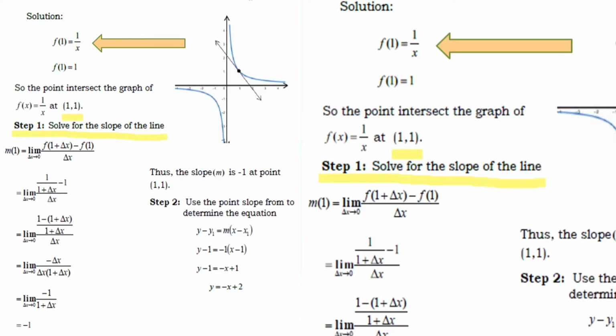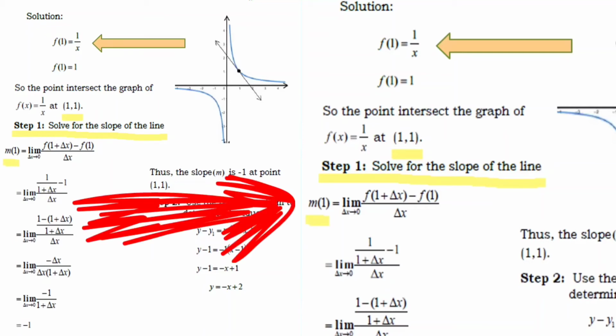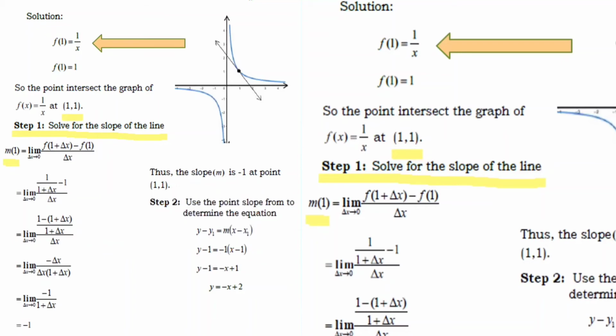Solve for the slope of the line. The formula of our slope, substituting the value of x, becomes m of 1, equal to the limit of f of 1 plus change of x minus f of 1, over change of x. Our y coordinate is 1 also. Substitute the value of x, which is 1 plus change of x.